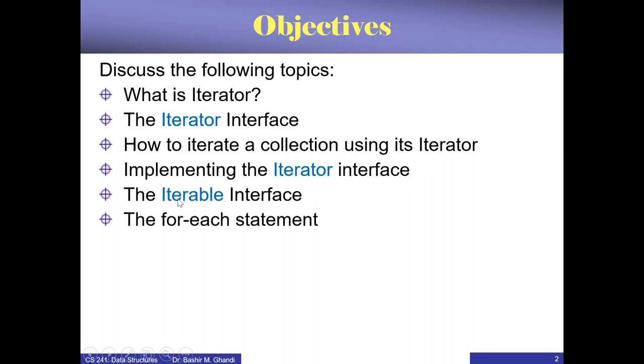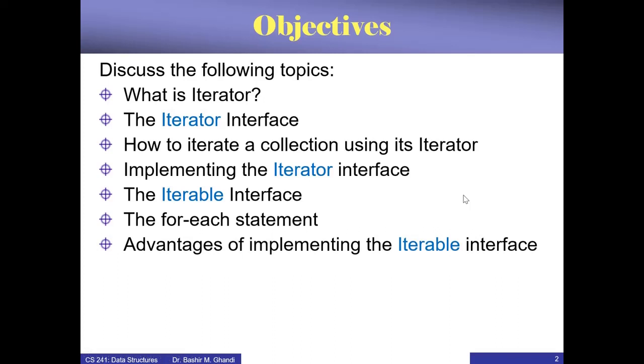So the two points here are very much interrelated. And finally we will briefly look at the advantages of implementing the Iterable interface. This is the plan for this lecture. Let's get started.